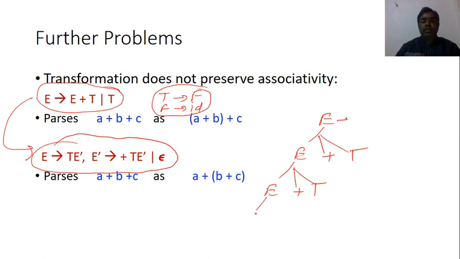In that case I can use the production E derives to T, so it will be T here, then T derives to F, then F derives to ID, and here I can write T derives to F and F derives to ID. This one, T derives to F and F derives to ID. This ID is A, suppose that this ID is B and this ID is C.